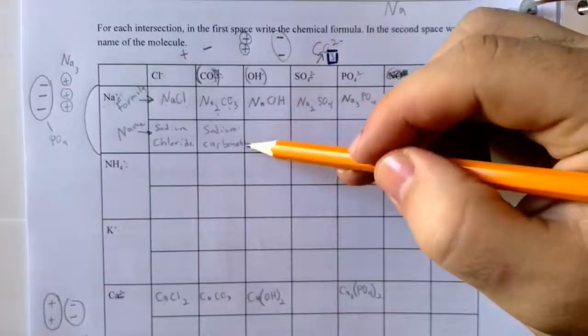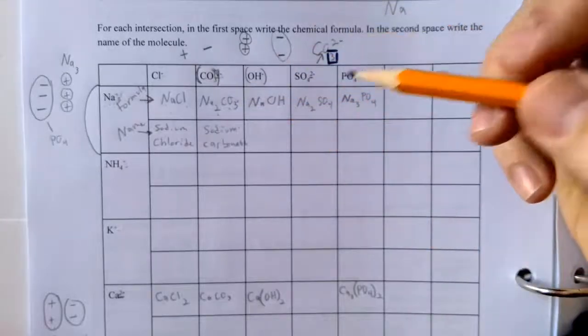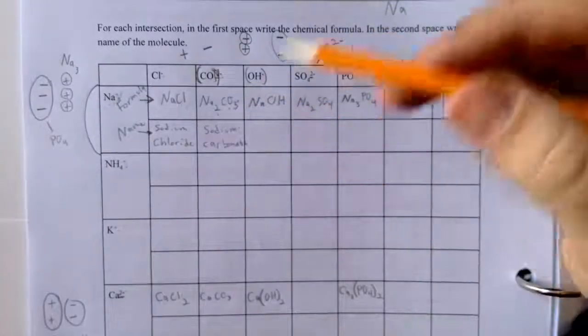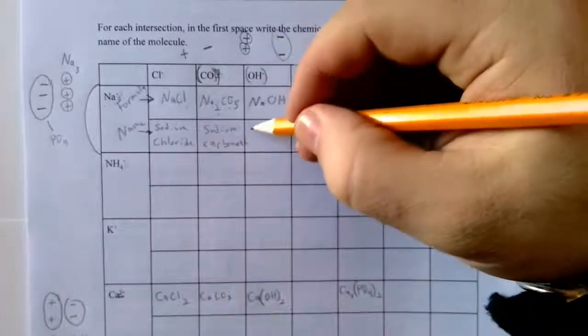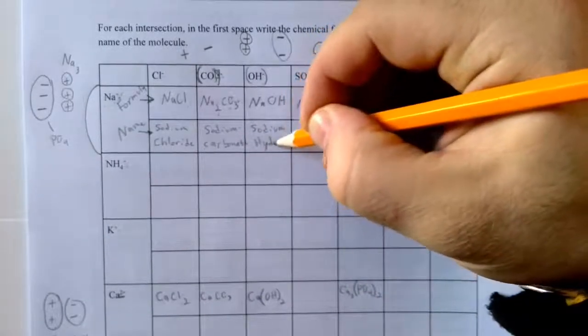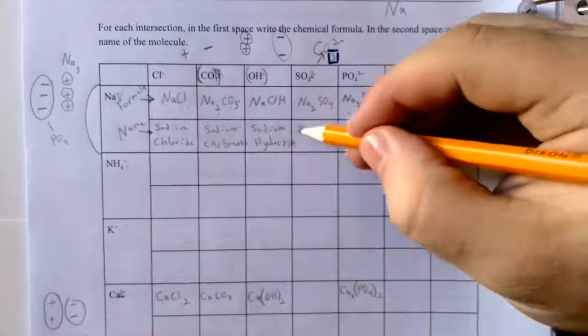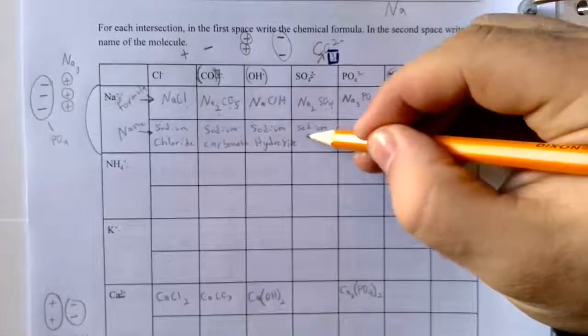So this name describes this exact formula. It doesn't have any ambiguity. It's very clear. Next one is sodium hydroxide. Next one is sodium sulfate.